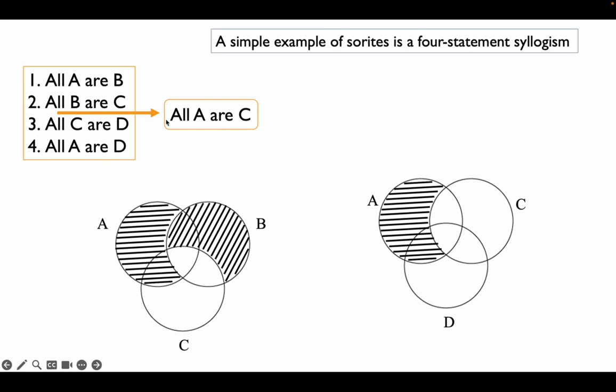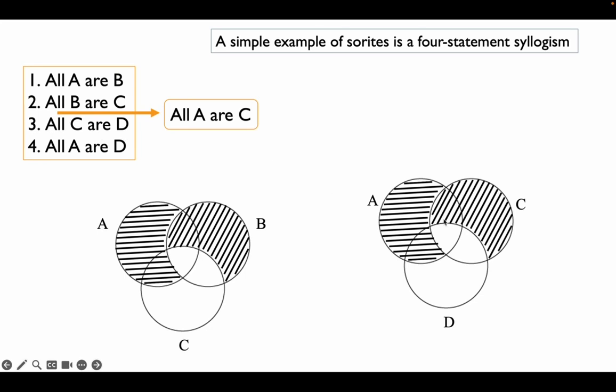So what we want to do now is to diagram again the next set of premises, all A are C and all C are D, and see what happens. We already have all A are C, and now we have to diagram all C are D.